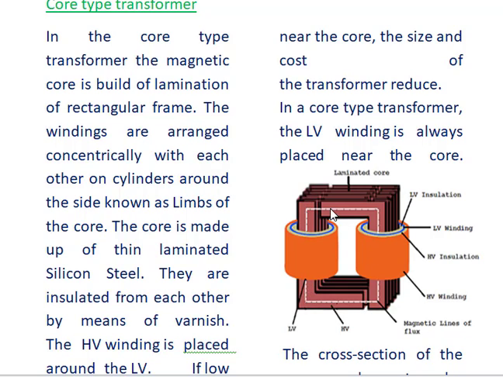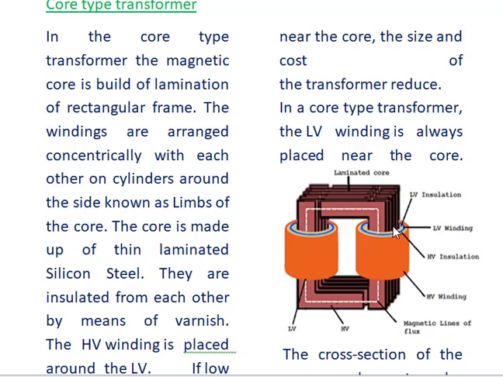Two L-type strips are arranged like this, and a number of L-type strips are arranged alternately to form the core of the transformer. The two sides are known as limbs. It is one limb, and it is the other limb. The primary windings and the secondary windings are arranged concentrically with each other on cylinders around the side limbs of the core.